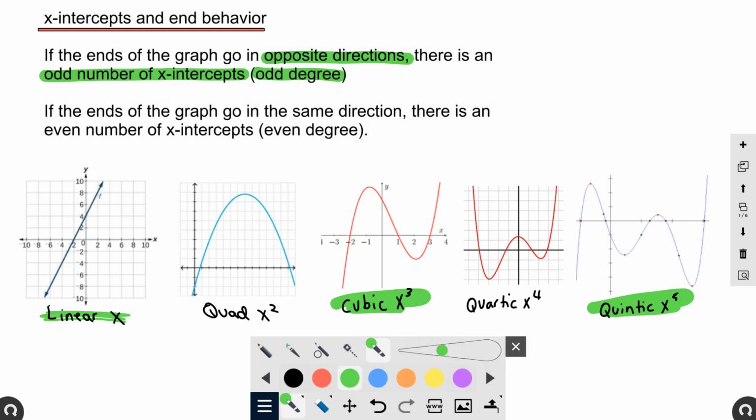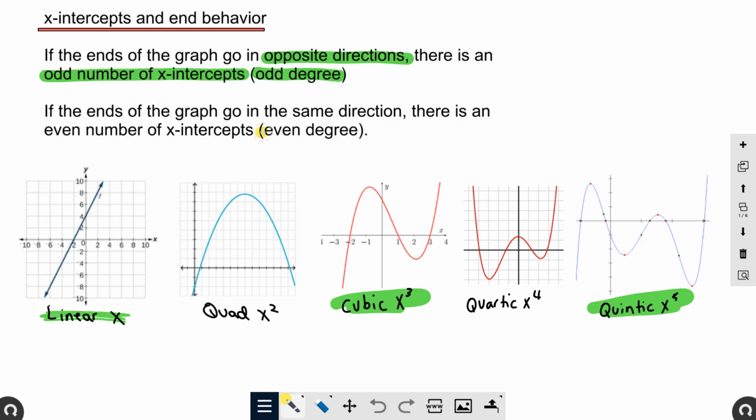Now, if it is the opposite of that, where it has an even degree, such as a quadratic and a quartic, then it has an even number of x-intercepts, and the ends of the graph go in the same direction. So this will be important when we find our x-intercepts, but also when we look at our end behavior of our key features.